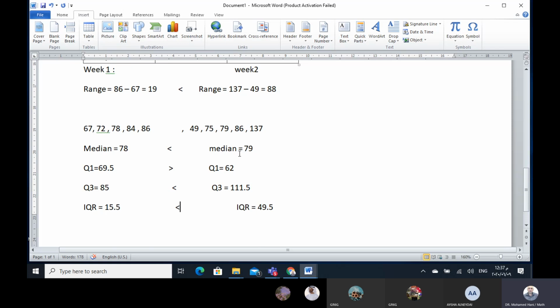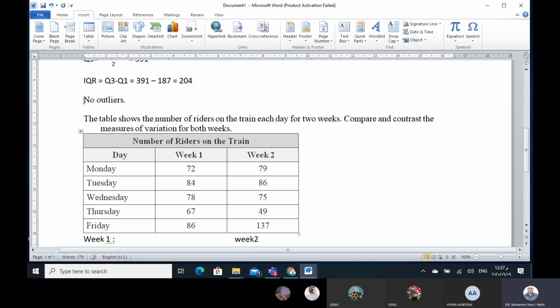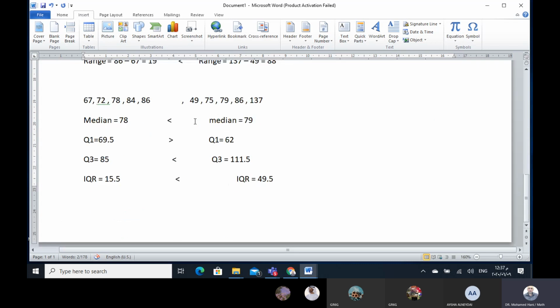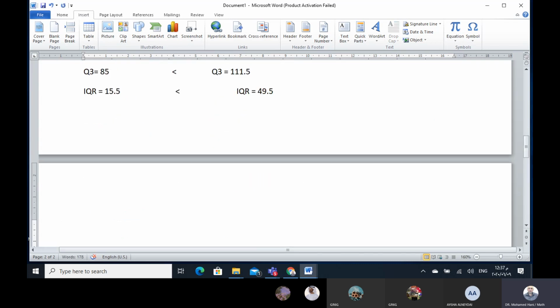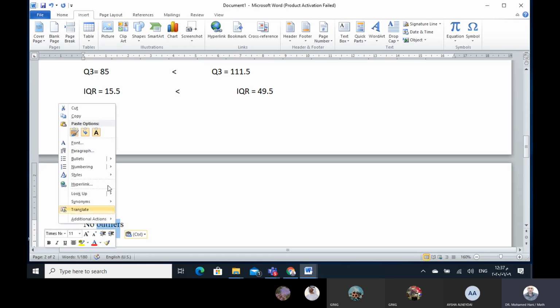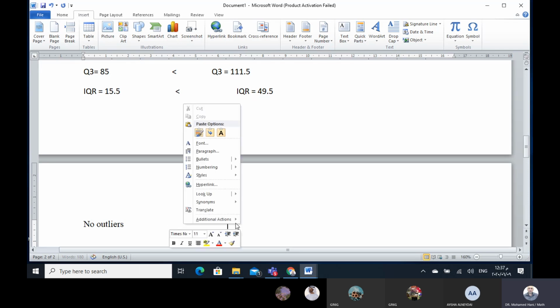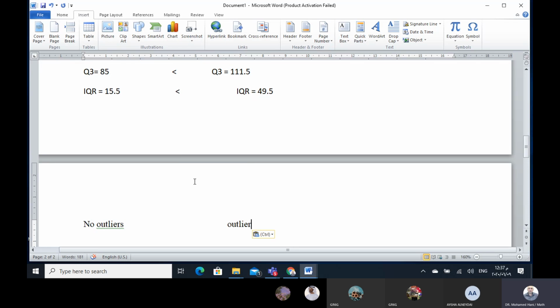So here we can write the outlier. And in the second week the outlier equals 137.